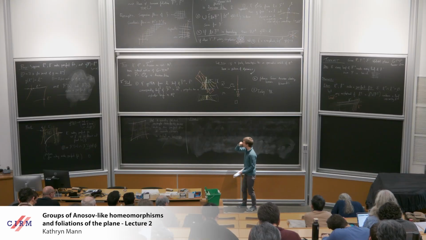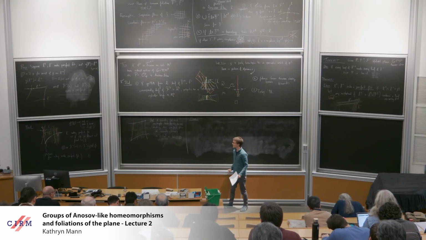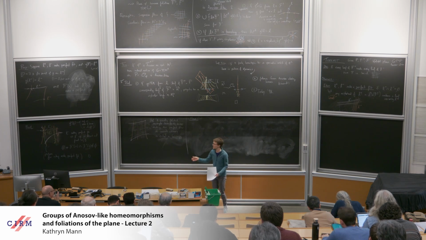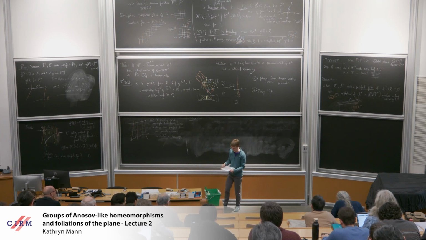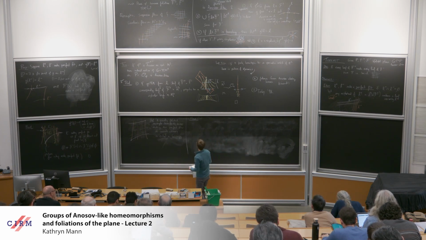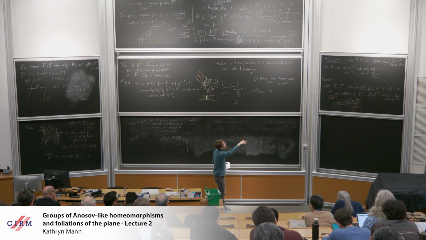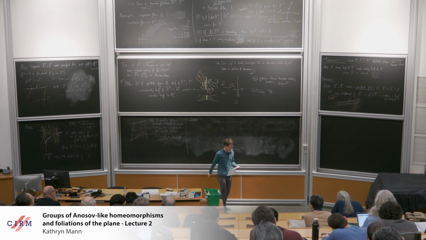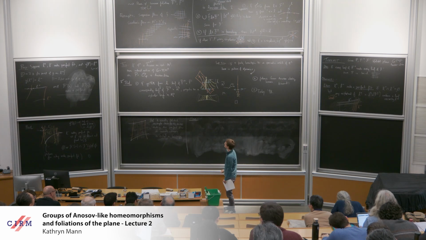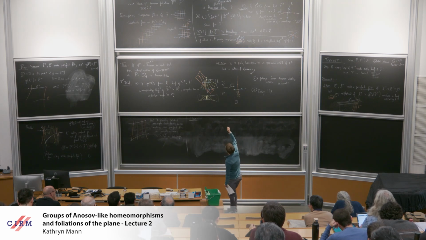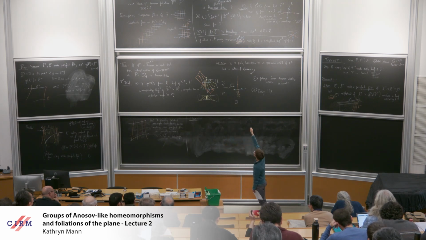So again, I think in this version, it's originally due to Sergio Fenley, stated slightly differently and about flows rather than Anosov-like actions. It's the following. Suppose, as always, that I have an Anosov-like action on a bifoliated plane, and I have a couple of branching leaves. I'm going to improve property 3 to something much stronger.